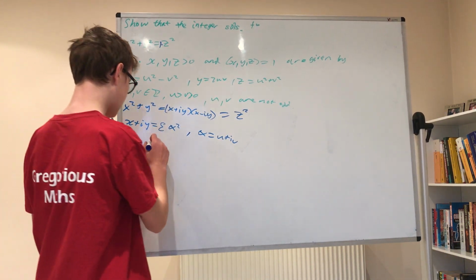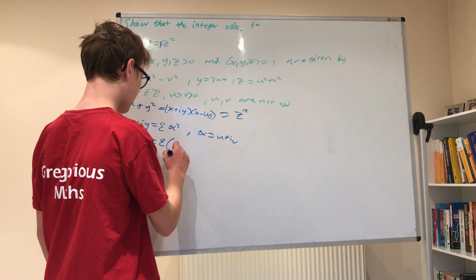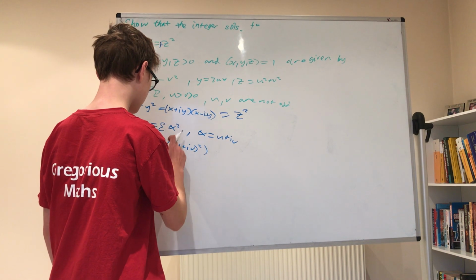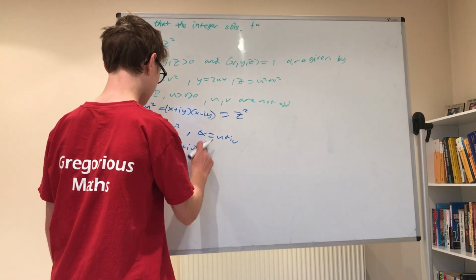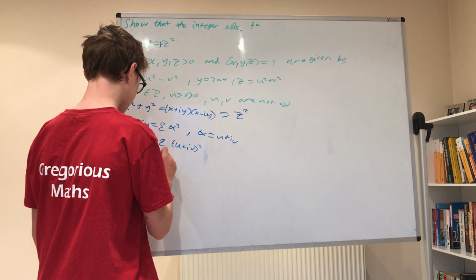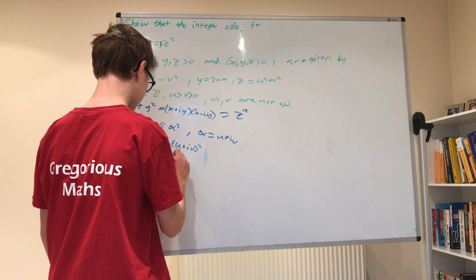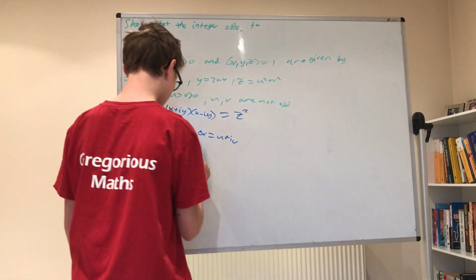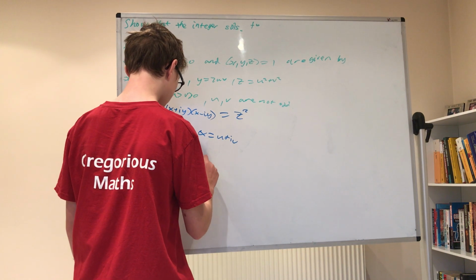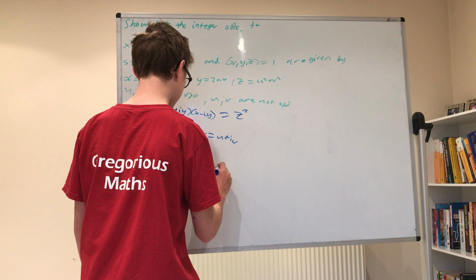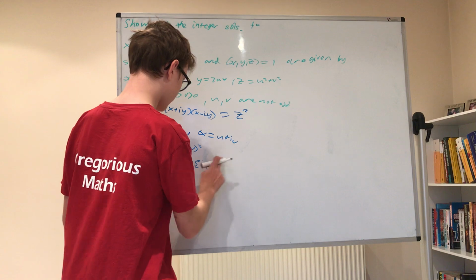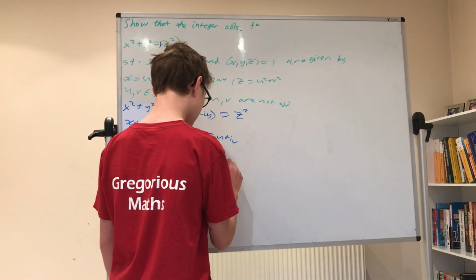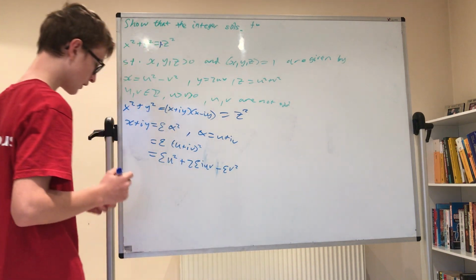So therefore we're going to get epsilon times u plus iv squared, which equals epsilon times u squared plus 2 epsilon iuv minus epsilon v squared, because i squared is minus 1.